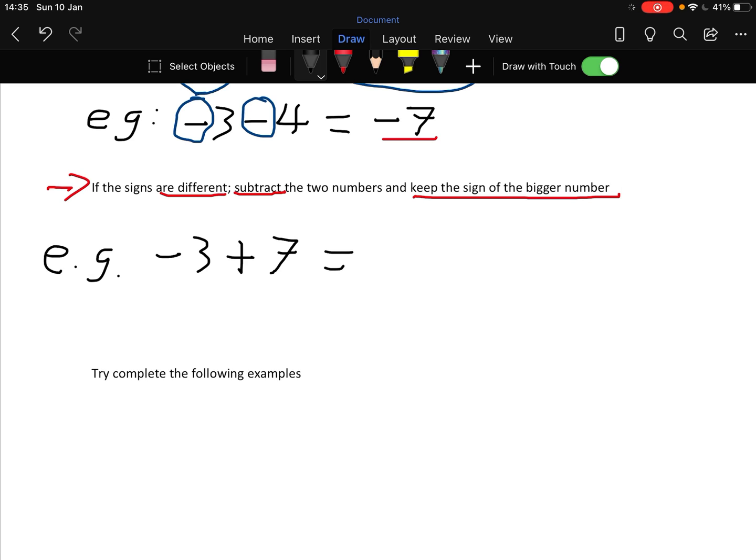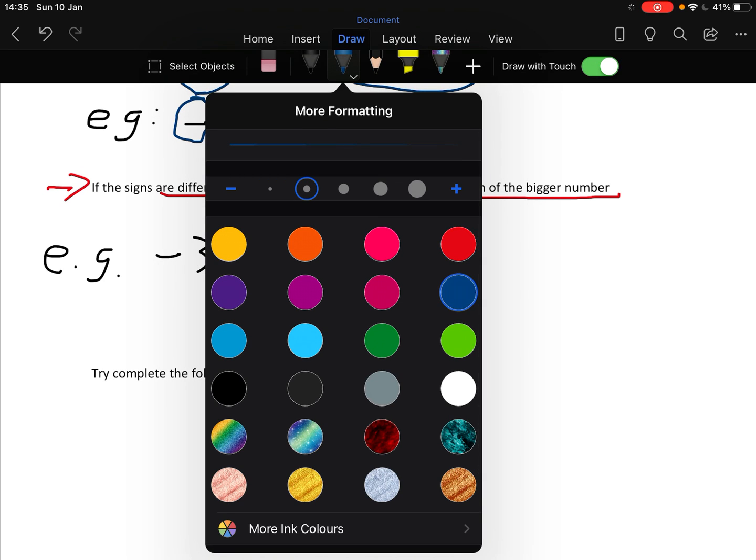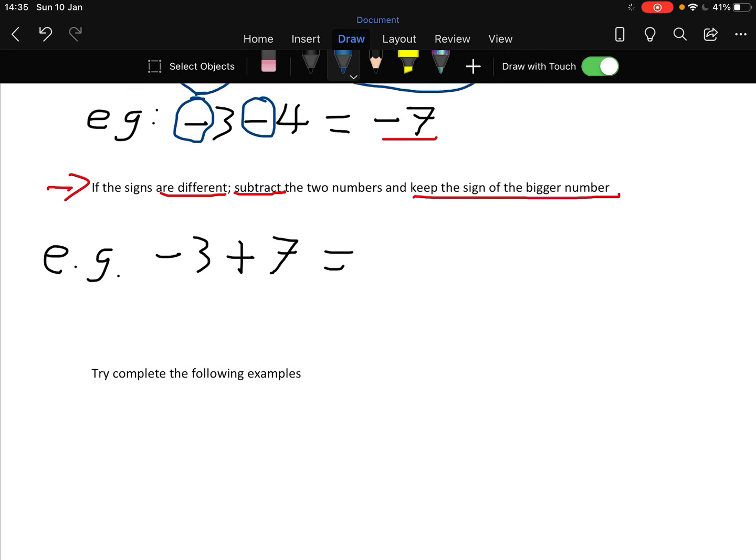So -3 plus 7. So what do we do? There are two different signs. Are they different? Yes, we've got a minus and we've got a plus. So we subtract the two. So 7 minus 3 is what? It's 4. So our answer is 4.